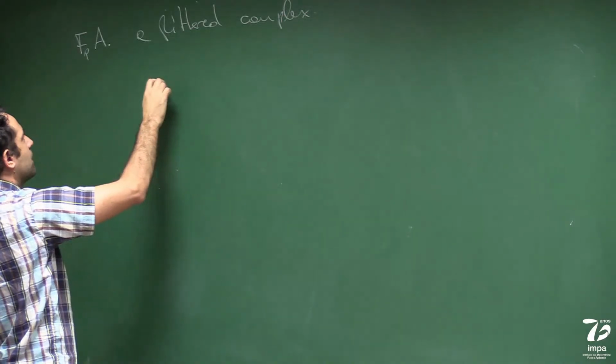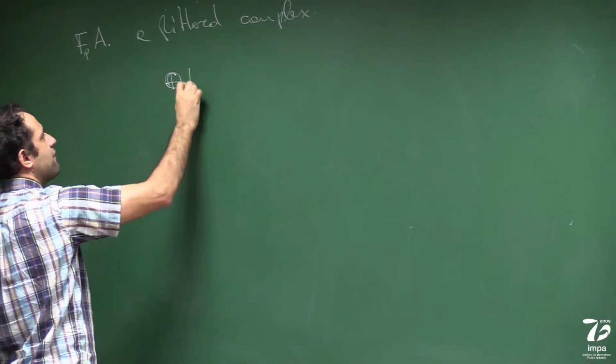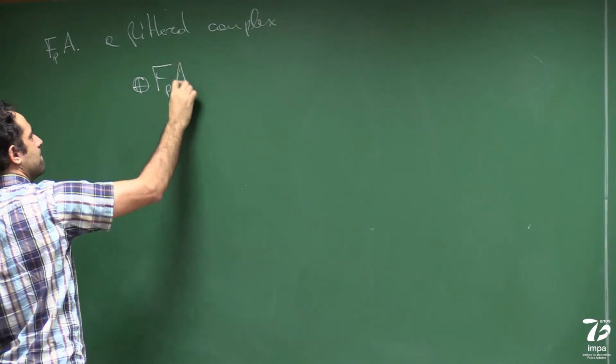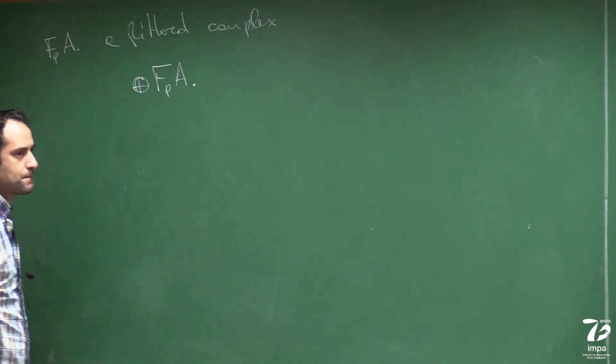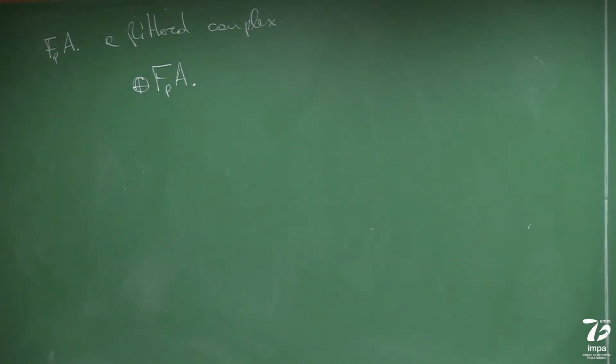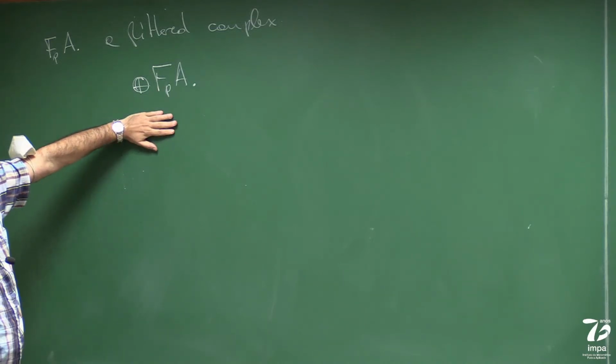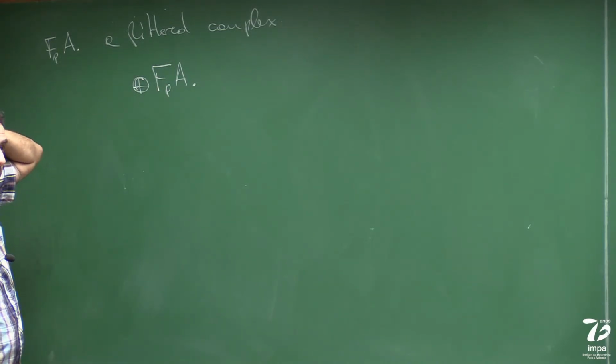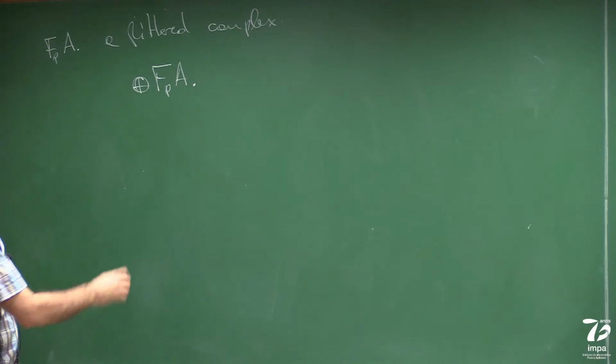Then look at this direct sum of all these FPs. I'm not taking a graded quotient here. So this is a really large piece. I'm counting the same thing several times. And this overall piece.